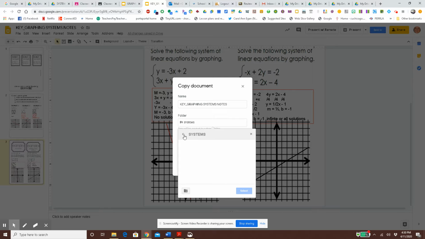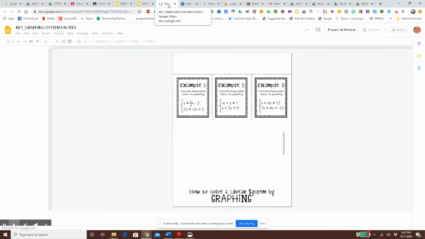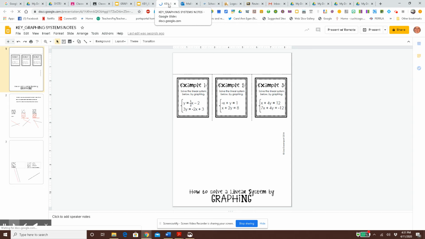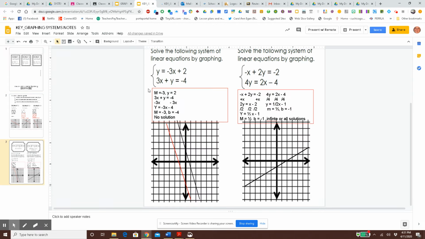I'm already in the systems folder, but say you were just in your drive, you would go through your drive, find 8th grade math notes, hit the arrow, and then hit select, and it will put the copy I just made into my math notes file. It's also going to open an extra one for you. That's your copy. You want to go back to your original and turn it into me in Classroom with the turn in button. And that's it.